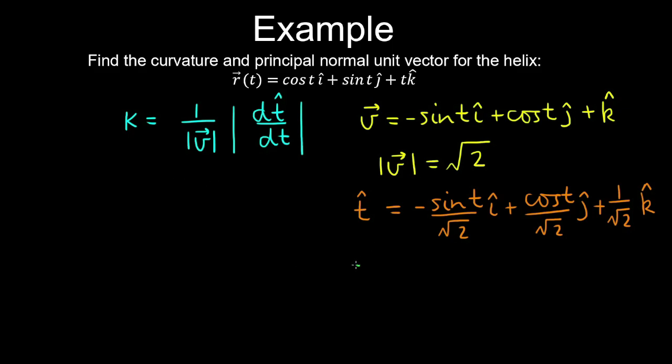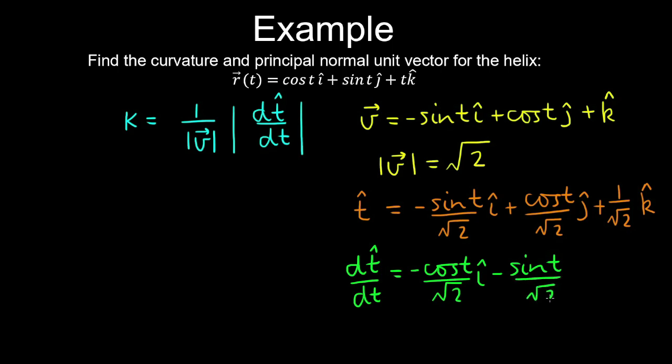And differentiating the unit tangent vector, we get minus cosine t on root 2 in the i direction minus sine t on root 2 in the j direction plus 0 in the k direction.